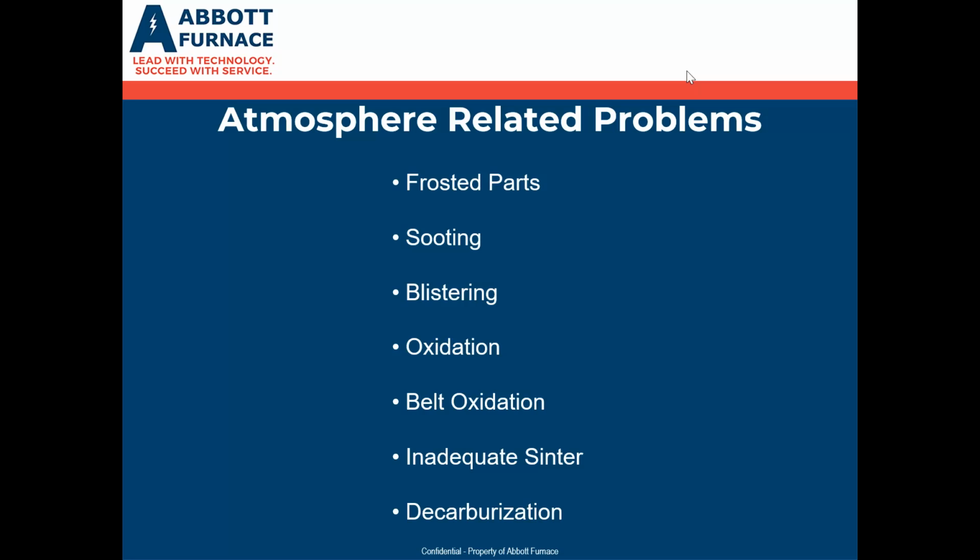If the parts aren't the correct color, if they're frosted or gray instead of nice and silver and bright and shiny, there's different forms of soot, depending on what zone of the furnace the carbon is not being taken care of by the atmosphere. We'll have different forms of sooting that we'll talk about.